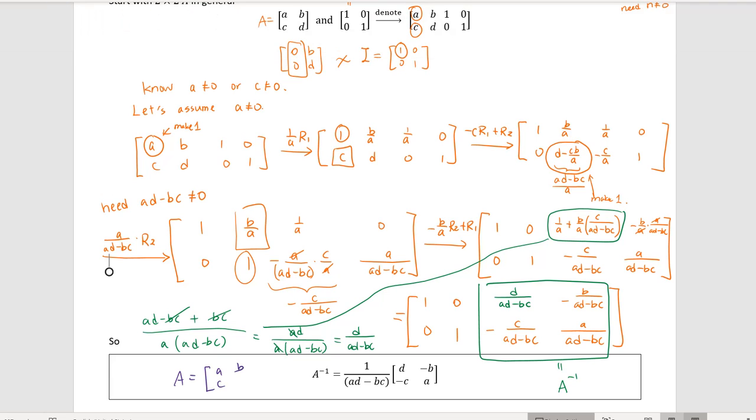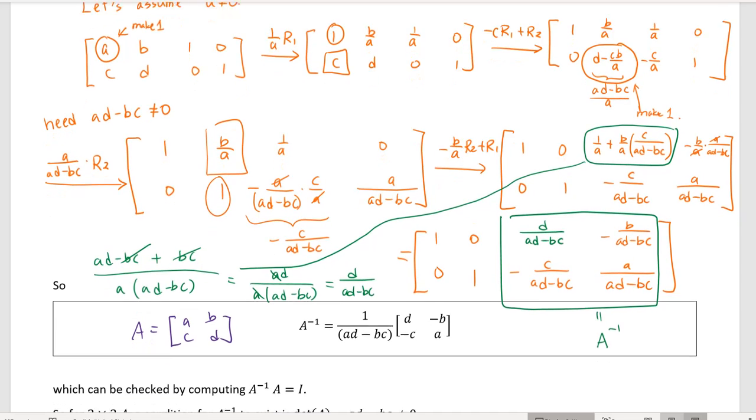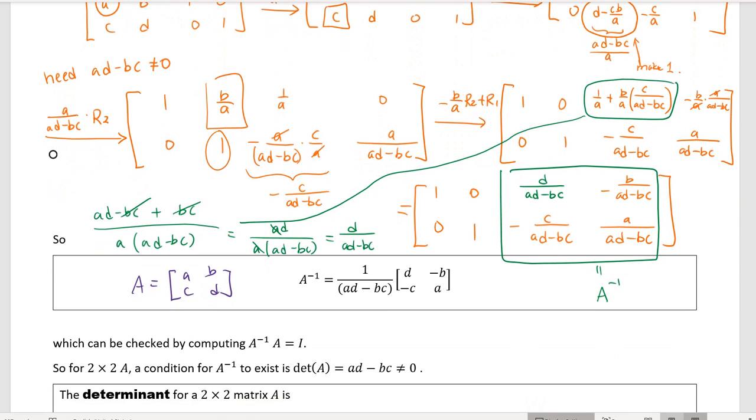So A is A, B, C, D. Okay, so how do I remember this formula? You use 1 over the determinant, AD minus BC, and then what happened? You look at A and D. So you switch A and D. Now you put a D here and you put an A here. For B and C, you add a minus sign.